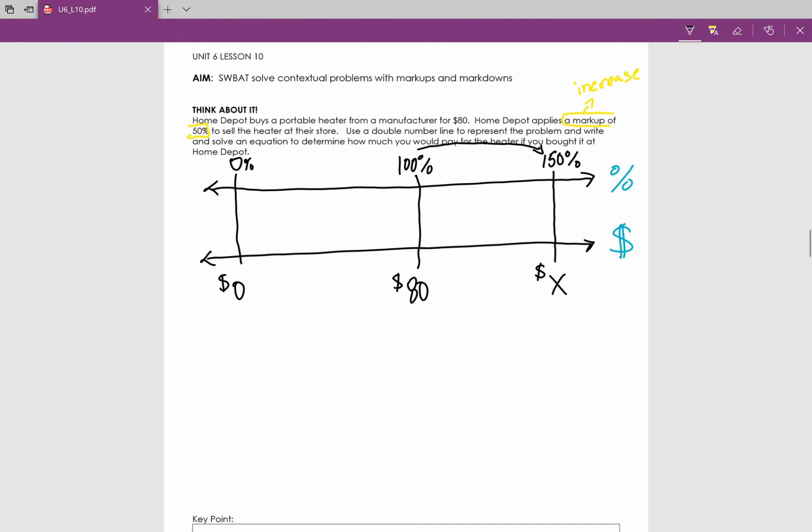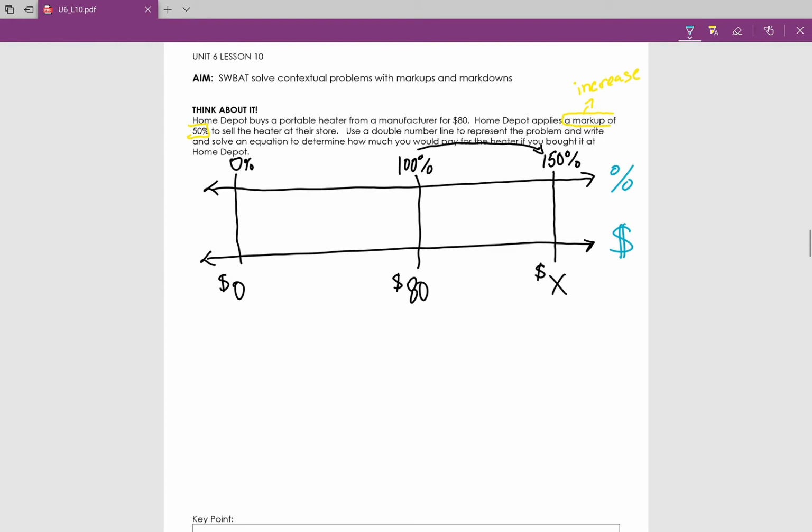What I want to do is write an equation to determine how much we would pay for the heater if we bought it at Home Depot. So using this double number line, we can definitely write an equation. But let's think about what we did in the previous lesson. In the previous lesson, we were given a formula.